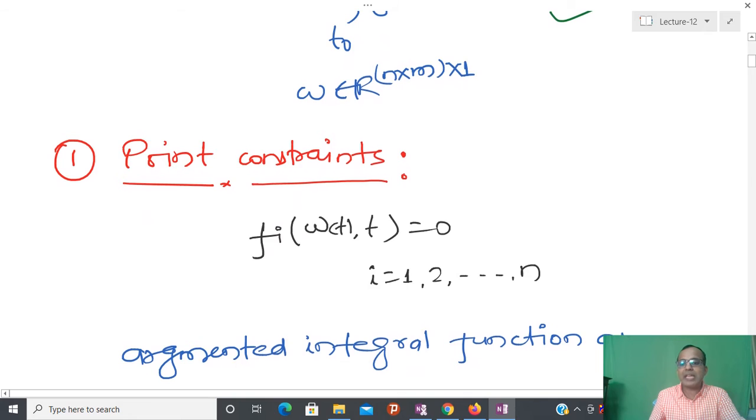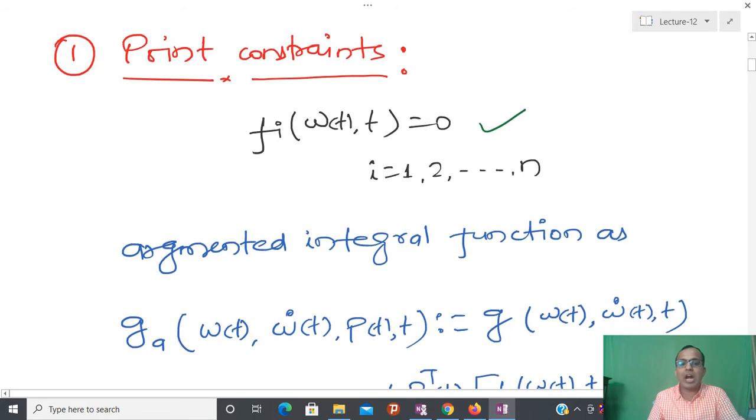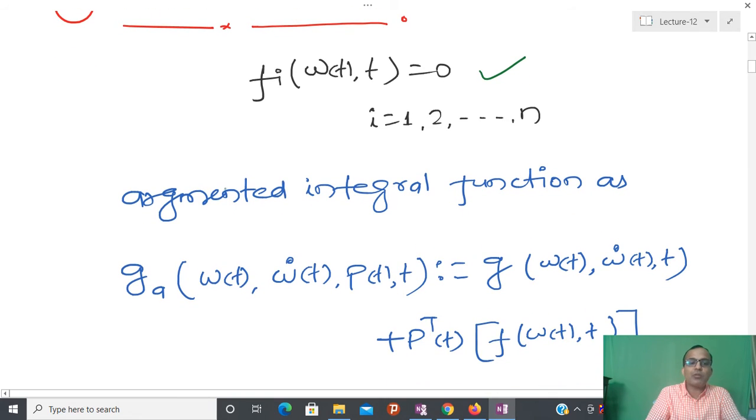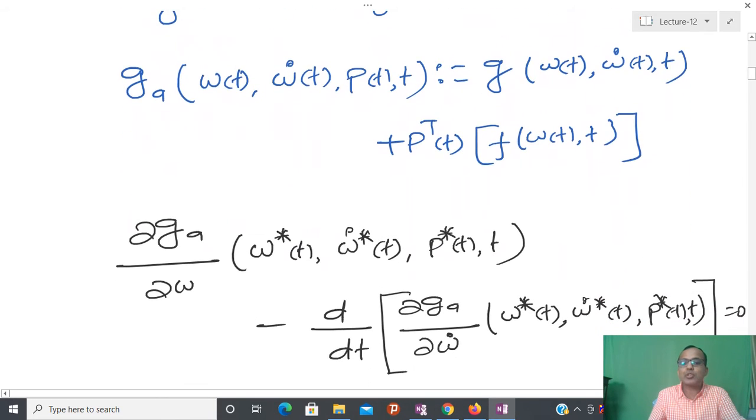And what we observed in the previous class is that if I have a point constraint defined by a linear or nonlinear algebraic equation, then we define some kind of augmented integral function. After that, we solve the Euler equation or Euler-Lagrange equation, and we know the meaning of the Euler-Lagrange equation.